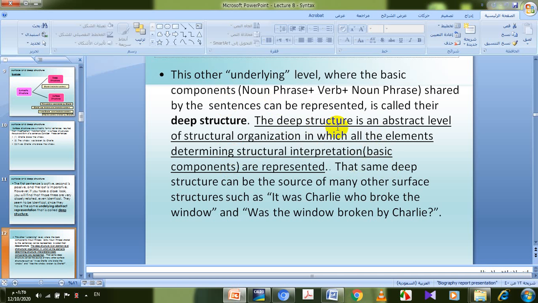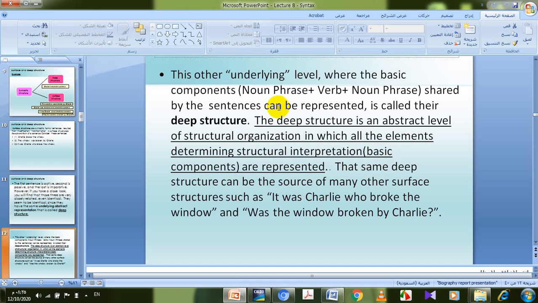Again, the deep structure is an abstract level of structural organization in which all the elements determining structural interpretation, if we would like to interpret them structurally, we can find that they have the same basic components, or the same basic components are represented in all of them.